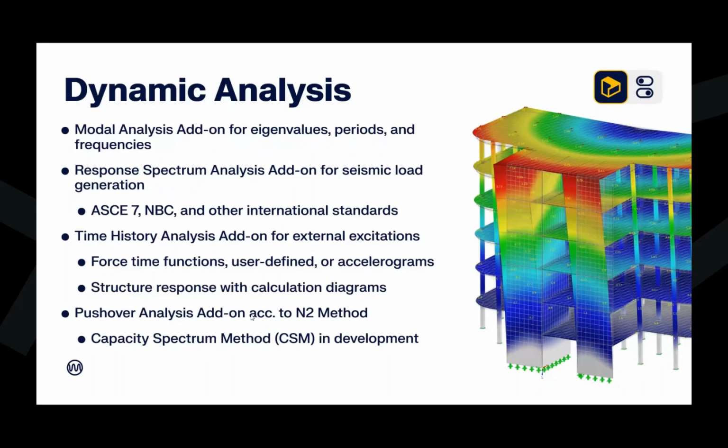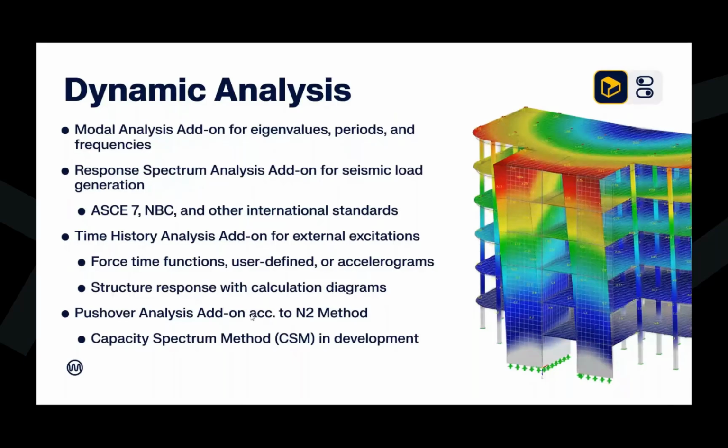We have our third dynamic add-on, the time history analysis, and this is for external excitation. So we have the ability here to define this force time function, or it can be user defined, or we can choose from an accelerogram library if we would like to replicate this seismic load on our structure. And once we've carried out this time history analysis, we can view the structure response with what we call these calculation diagrams.